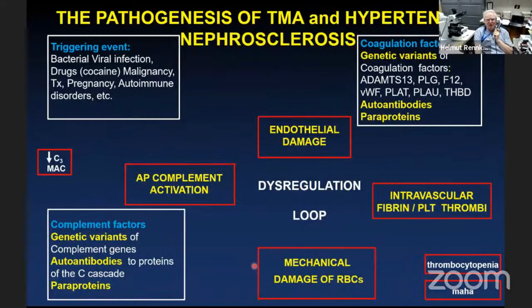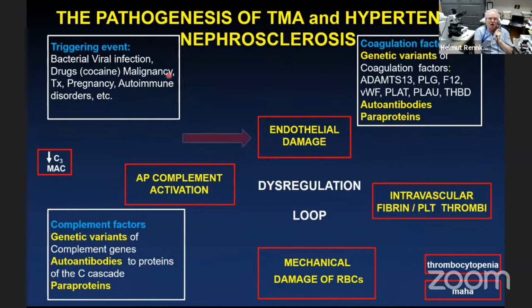So I've constructed this little schema. Usually the thrombotic angiopathies and by extension the hypertensive nephrosclerosis are triggered very often by intercurrent infection, by drugs, by malignancy. Pregnancy can trigger this, or autoimmune disorder such as lupus or sometimes more limited forms of autoimmunity.